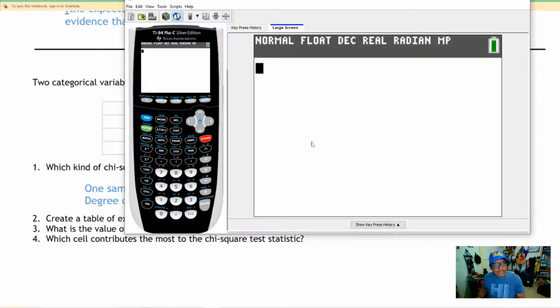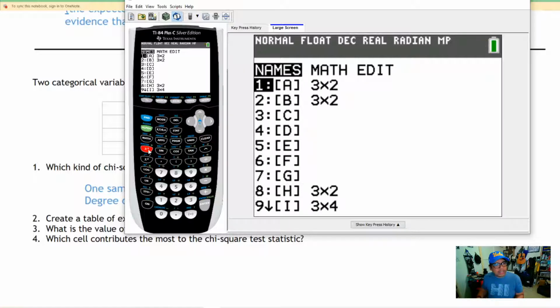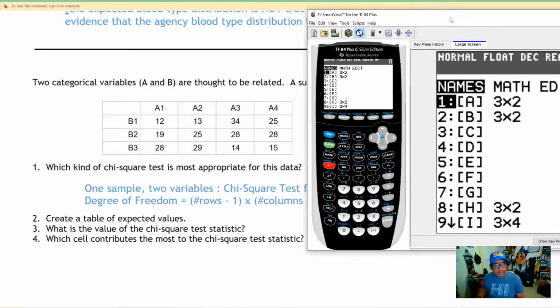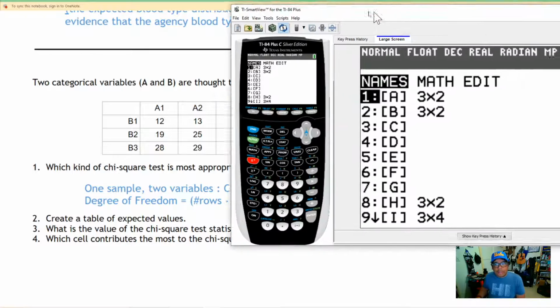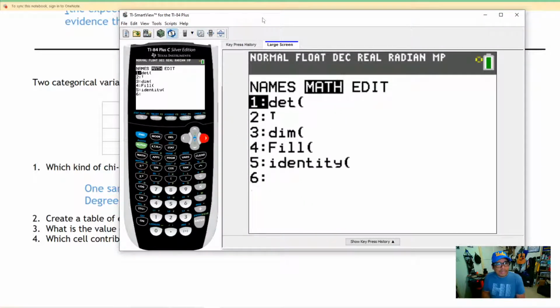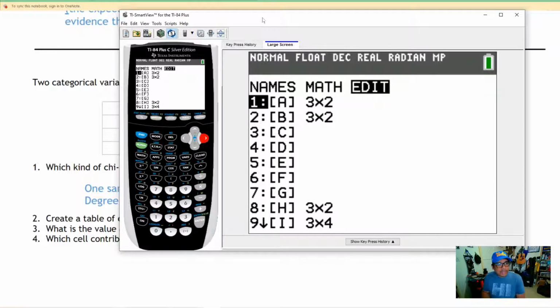For a chi-square test for association and a chi-square test for homogeneity, you're going to want to go to the matrix menu. So I'm going to click matrix, and I've got a few matrices already here. But the command that I want to go to is edit. I'm going to scroll over to edit, and now I have to select which of these matrices I want to edit.